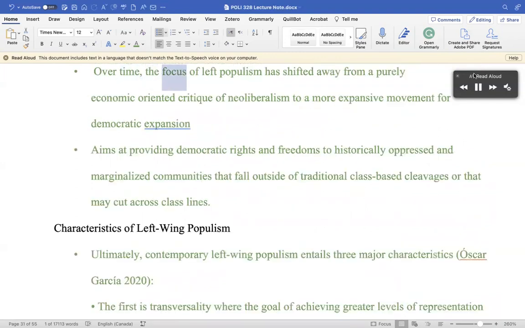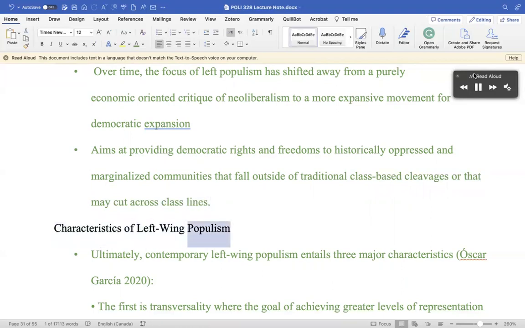Over time, the focus of left populism has shifted away from a purely economic-oriented critique of neoliberalism to a more expansive movement for democratic expansion, aimed at providing democratic rights and freedoms to historically oppressed and marginalized communities that fall outside of traditional class-based cleavages or that may cut across class lines.